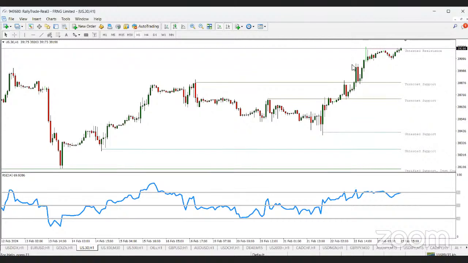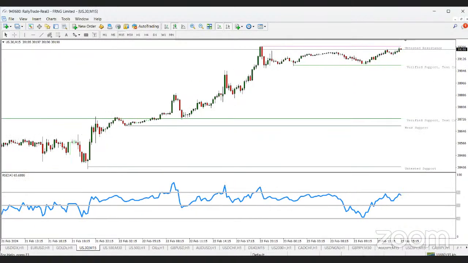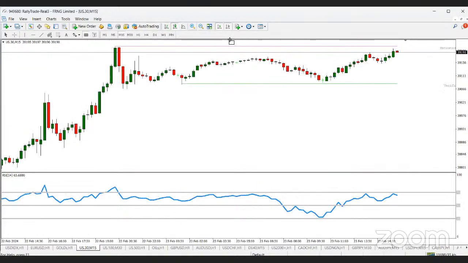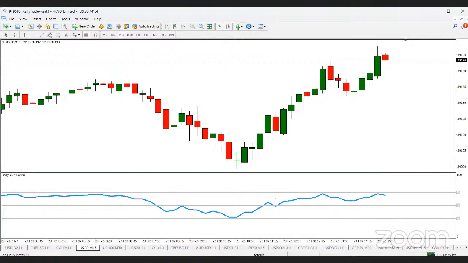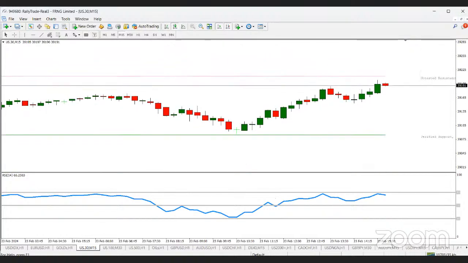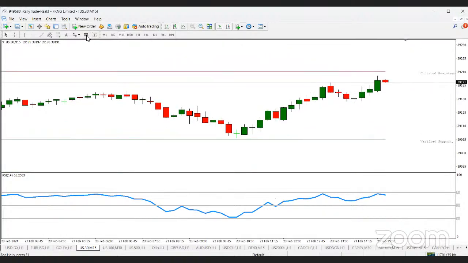It has always told us that. So we have always said the best place to buy and hold your buy in this market is on a support, right? We have said that is the best thing to do. So considering the fact that it's currently overbought, I'm going to wait for a kind of retracement on US 30.